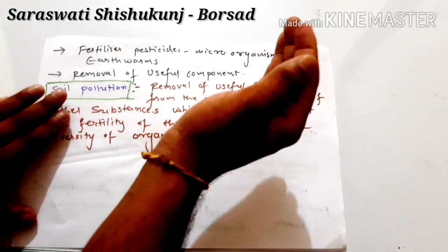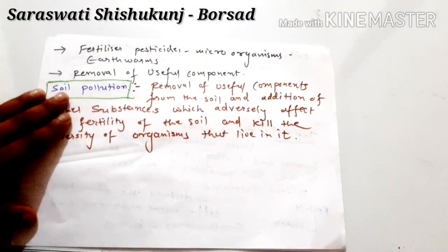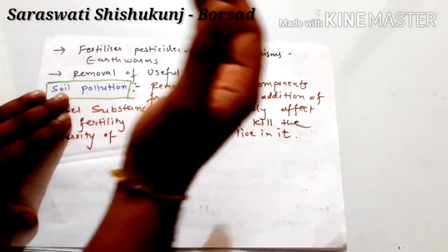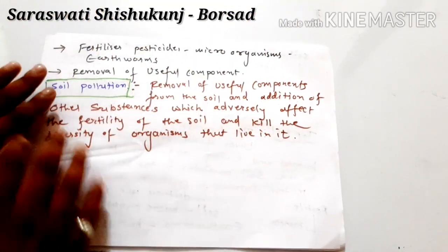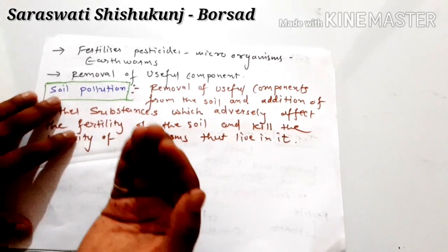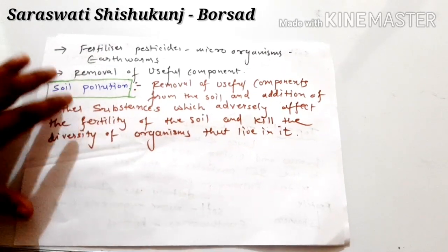The washing out of the upper layer of the soil is called soil erosion, and it is done by wind and also by water. By growing more trees we can prevent it.